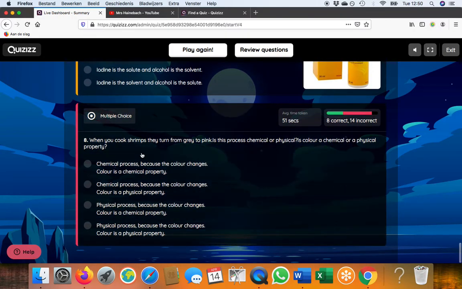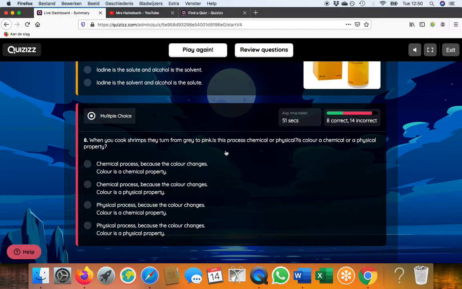It reads, when you cook shrimps, they turn from gray to pink. Is this process chemical or physical? Now, perhaps you don't know, but this is a good occasion to explain. Color changes if the substance is a different substance.